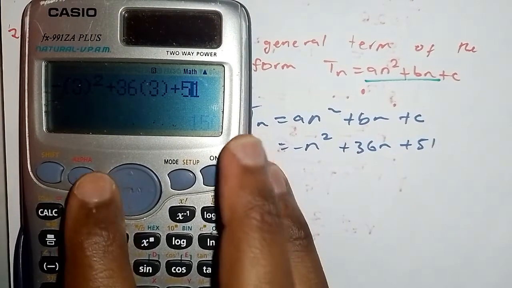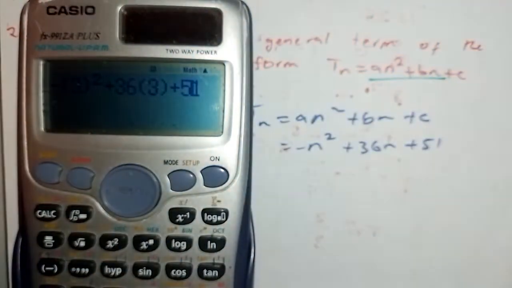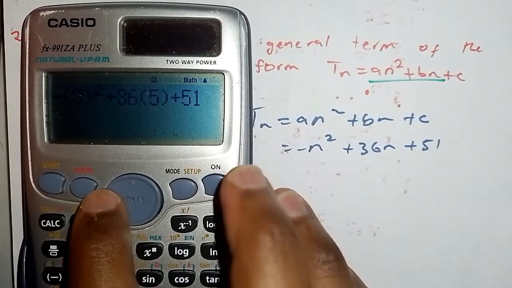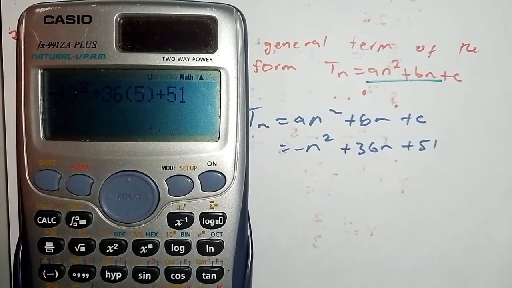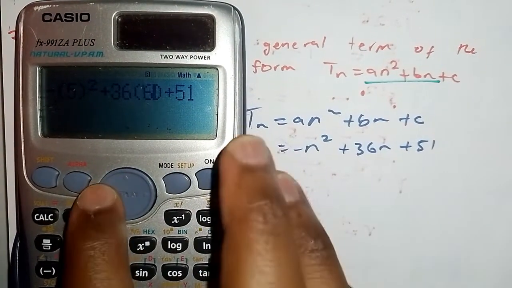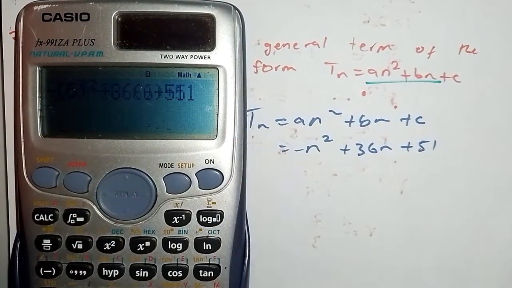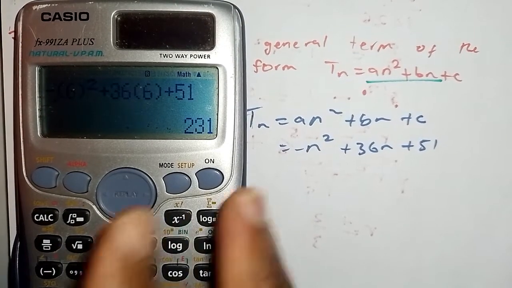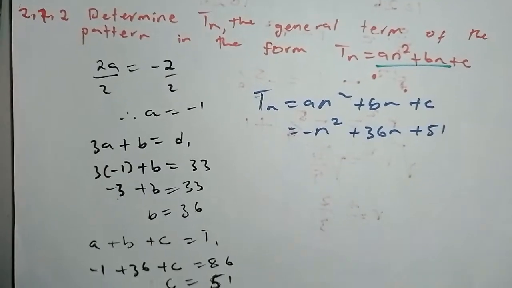Now let's check the ones they said we should calculate, term number 5 and term number 6. Term number 5 should be 206, and term number 6, just to make sure your terms are correct, is 231, right?